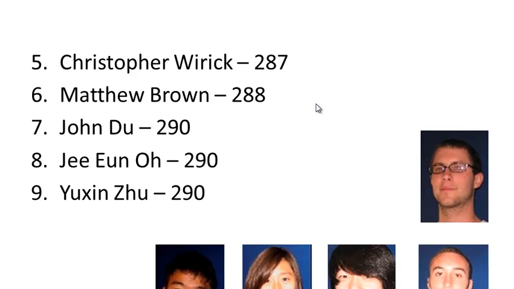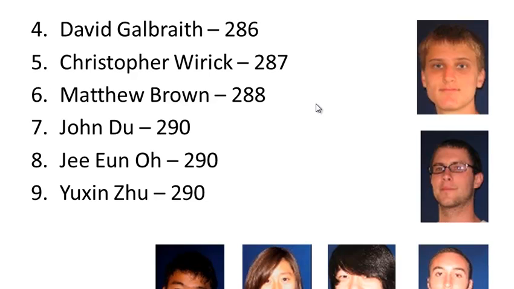Who is Christopher? We're not seeing him. This is getting really funny. Number 4, David Galbraith with 286. Is David here? This is a clean no attendance for our 4 through 9. Let's give them a round of applause anyway, in case they're watching it.